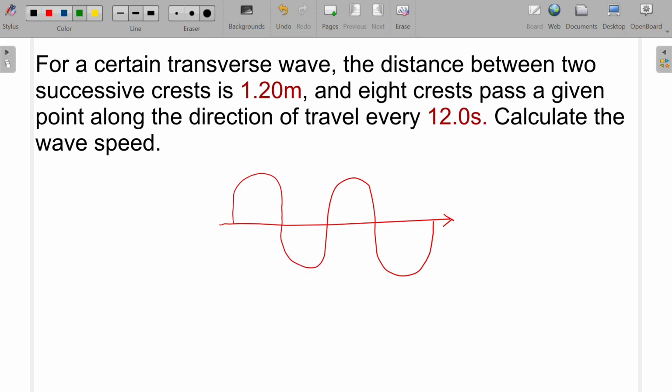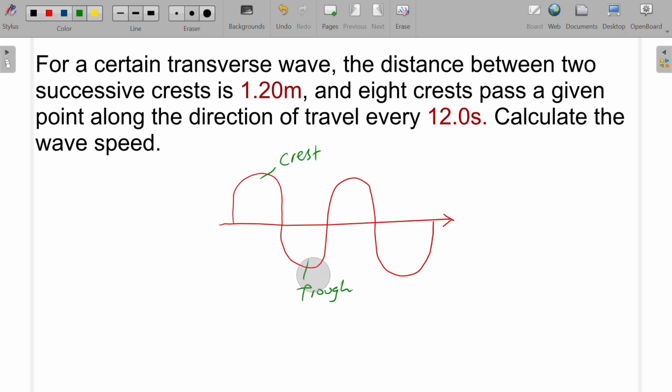So when you hear of a crest, we're talking about the highest displacement in the positive y direction, and a trough is the maximum displacement of these particles in the negative y direction.